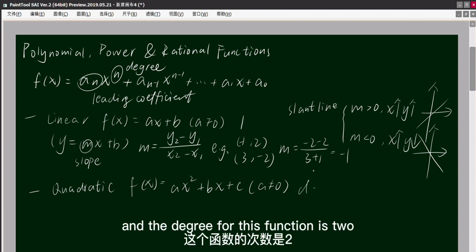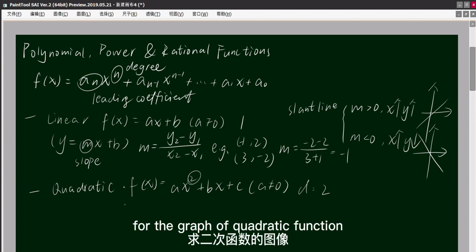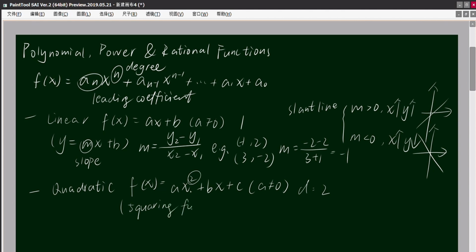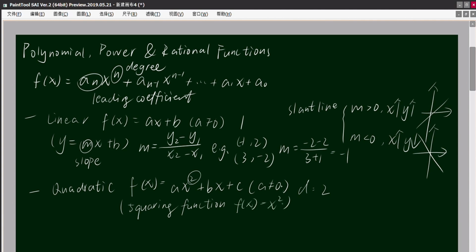And the degree for this function is 2, because here is 2. And the graph of quadratic function can be transformed from the squaring function, which is f(x) equals x squared.